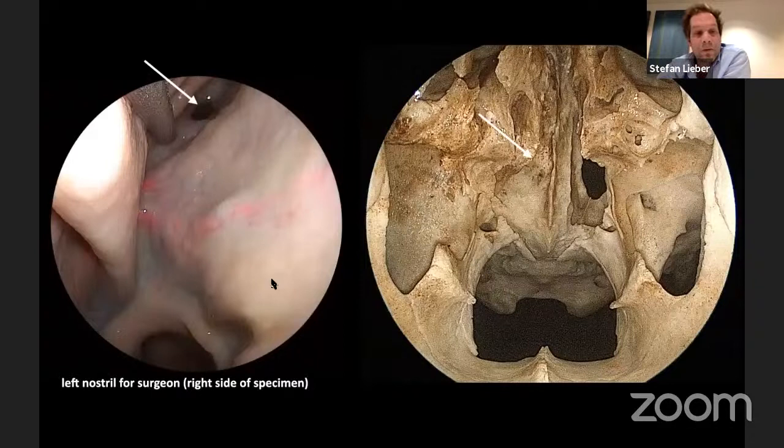This is the place where I can disconnect the nasal septum, which connects here with the nasal crest of the palatine bone, which is the vomer, which has been drilled here. Superiorly it connects with the perpendicular plate of the ethmoid, which connects here in this reliable midline structure of the rostrum.